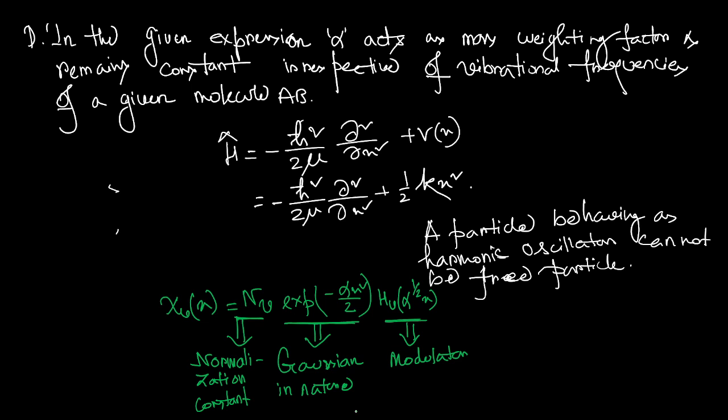Now in the given expression, alpha is mu times omega by h cut, where mu is the reduced mass, omega is the frequency of vibration, and h cut is Planck's constant divided by 2 pi. So alpha is a scaling factor of the wave function.